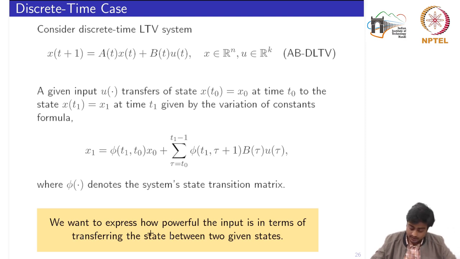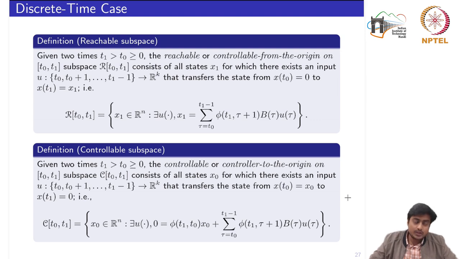So these were the two subspaces we have discussed for the continuous time systems. Again recalling them for the discrete time systems, given two times t1 greater than t0 greater than or equal to 0. Note that, do not forget, t here belongs to the set of integers, so we are talking about the discrete time systems.